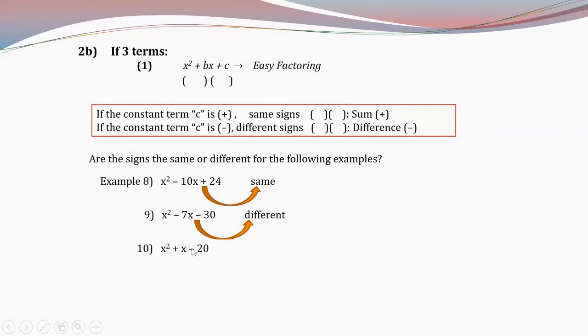Number 10, x squared plus x minus 20. Again, the constant term is negative, so my signs are going to be different. And the last one, x squared plus 8x plus 15. The constant term, which is 15, is positive, so the signs are going to be the same. So once you got the signs right, like I said earlier, you're halfway there.